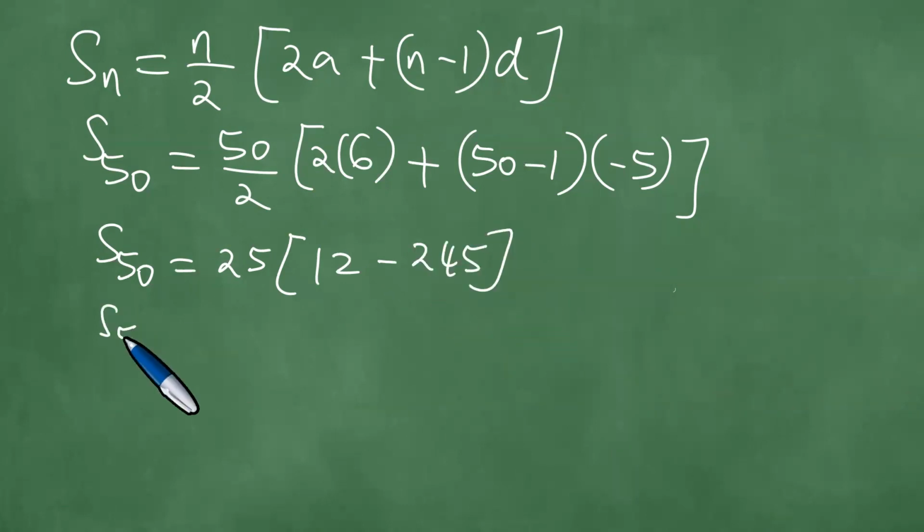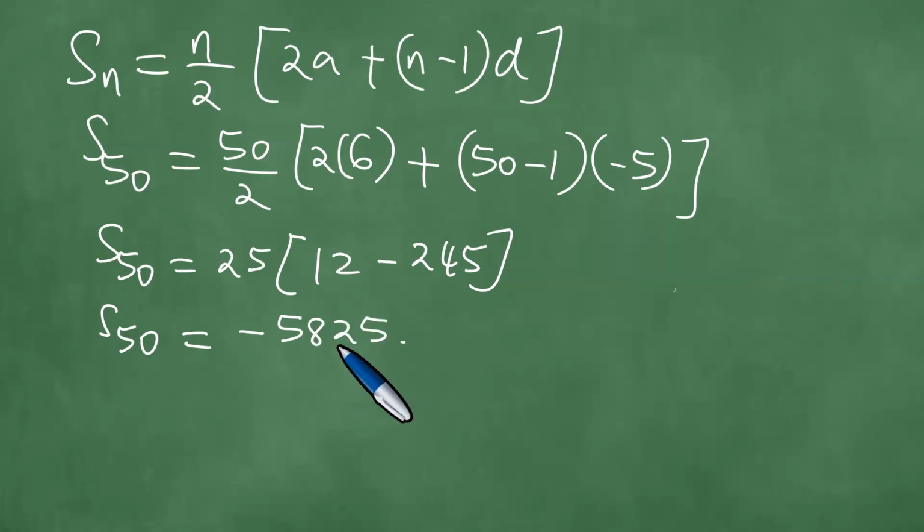You can just use a calculator for this. So in other words, you have 25 into 12 plus 49 times -5, which is negative 5825. Yes, it works out to this.